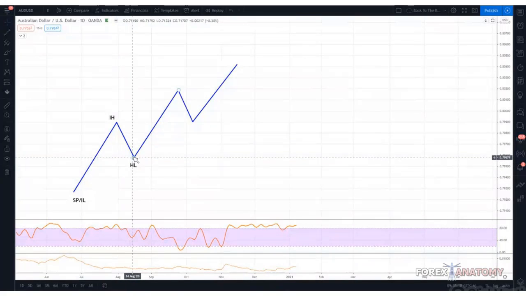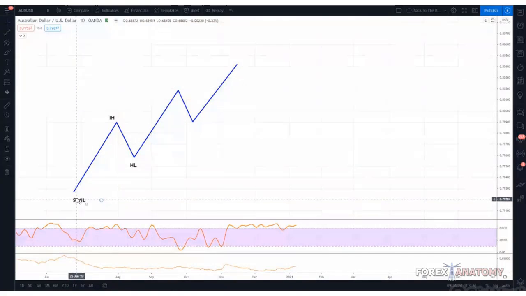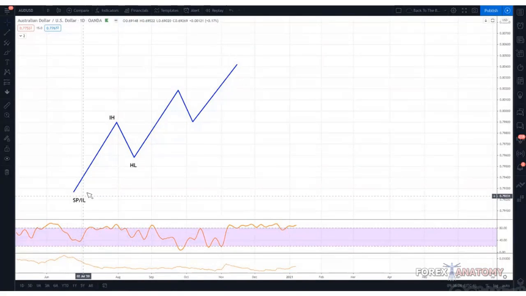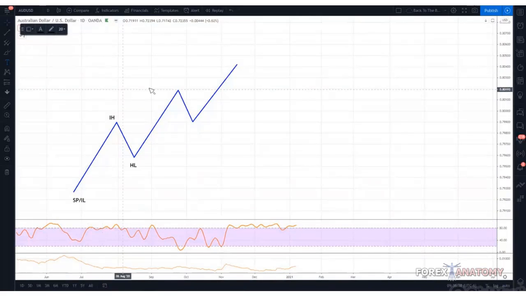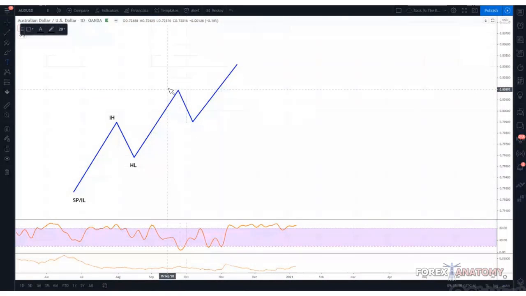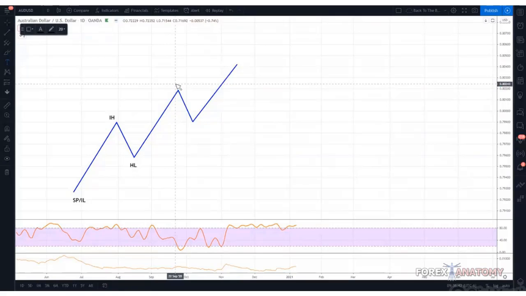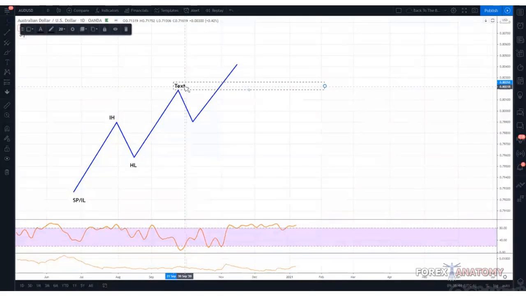Because this low right here on this pullback is higher than this initial low down here, or this starting point. So then we have a higher low forming, and when price pushes up and breaks this initial high, what is this called right here? What is this high called, this next peak? What is that called?